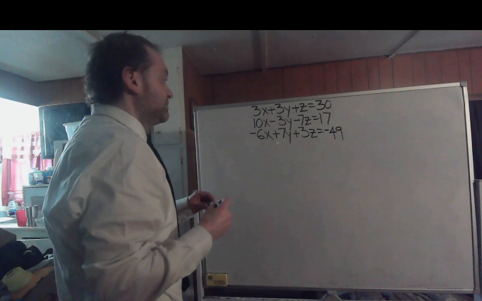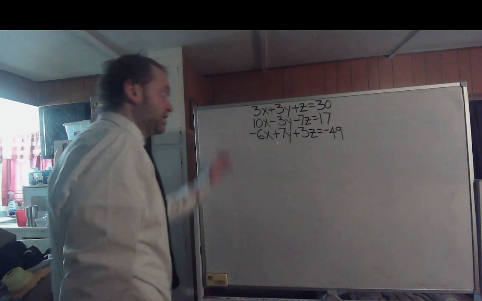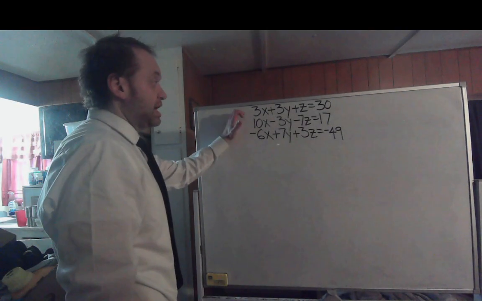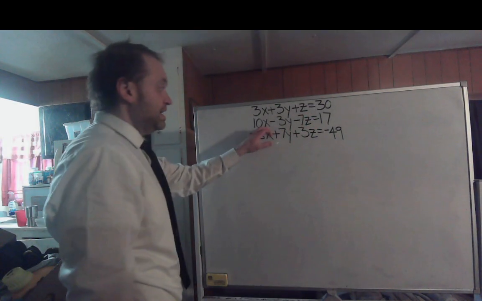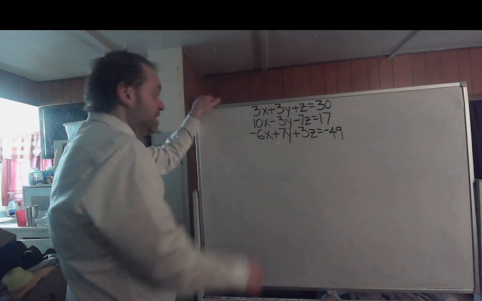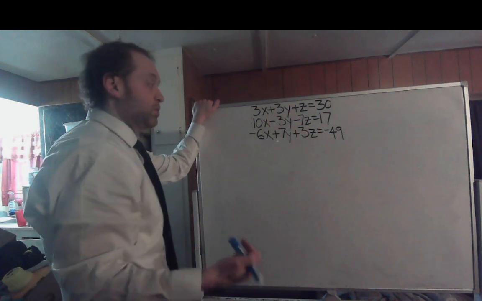So we need to find a variable to eliminate again out of this system, where you're given 3x plus 3y plus z equals 30, 10x minus 3y minus 7z equals 17, and negative 6x plus 7y plus 3z equals negative 49.